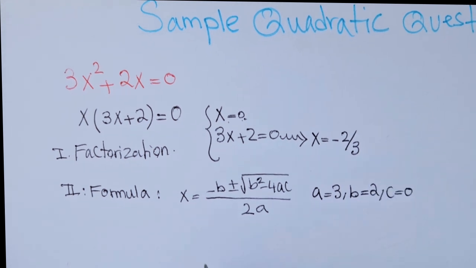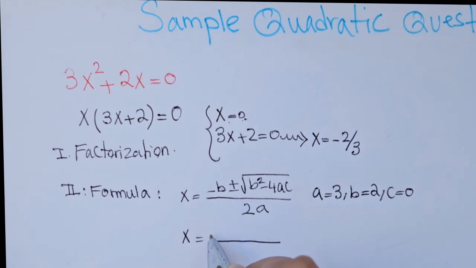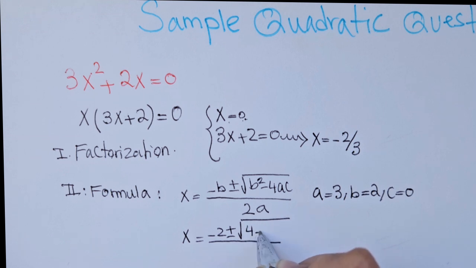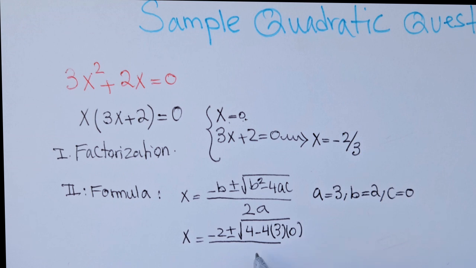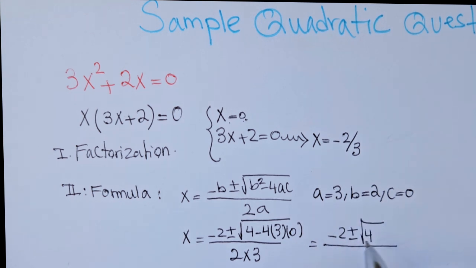If I substitute in here to get the roots, negative b is negative 2 plus and minus the square root of b squared, which is 4, minus 4 times a times c, where c is 0, over 2 times a, which is 2 times 3.